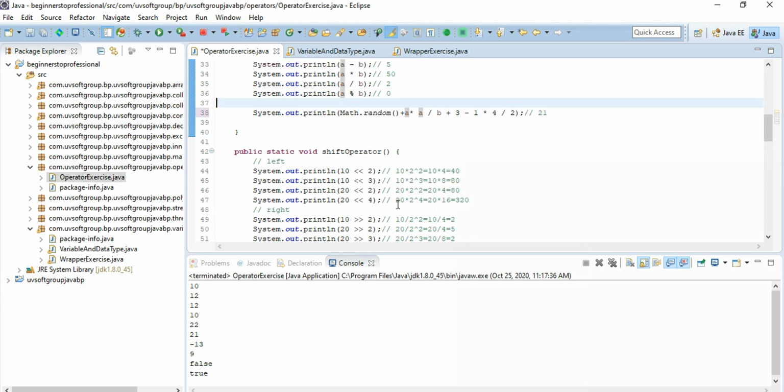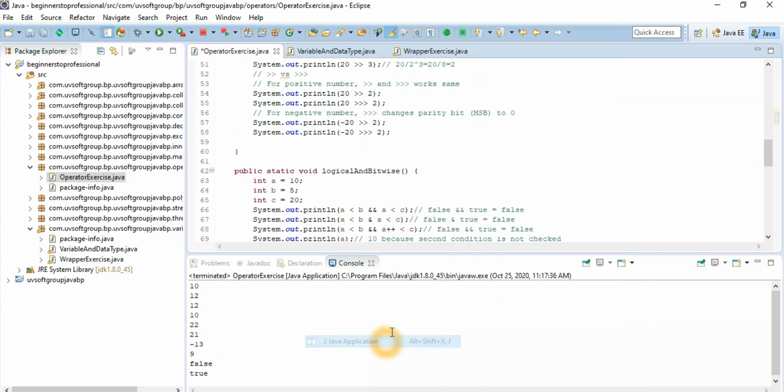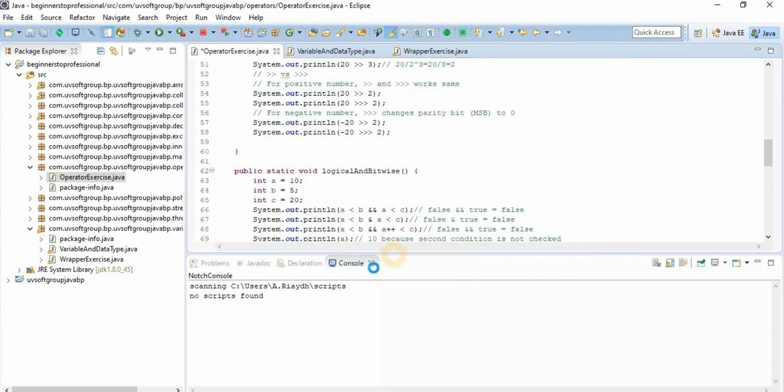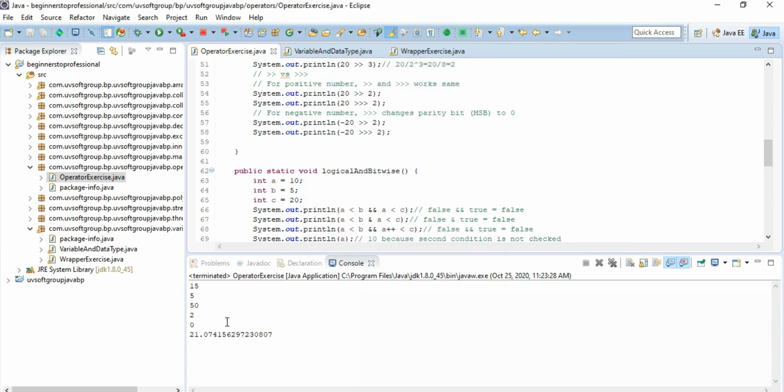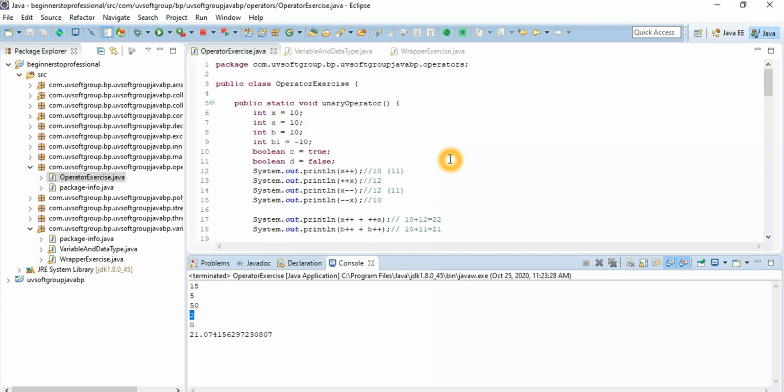So if I run the program code for these very simple operators: the plus, 10 plus 5 is 15, 10 minus 5, result 5, 10 multiply 5, 50, the division by 2, and then the modulus is 5, and then the random value is this one.